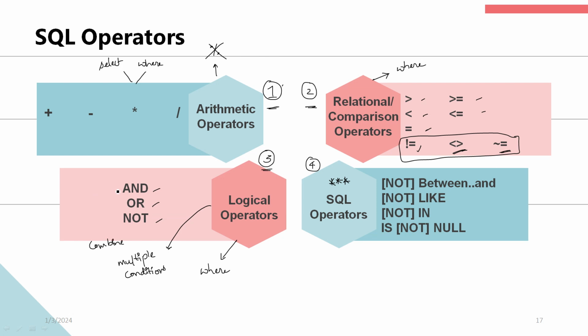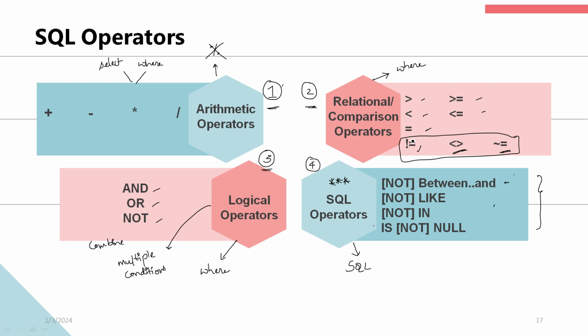If you have more than one condition, in order to combine those multiple conditions, we make use of the logical operators. Coming to the SQL operators, these are a special set of operators that we have exclusively for SQL. I will discuss these operators in the upcoming videos. You have four such operators to compare a list of values.